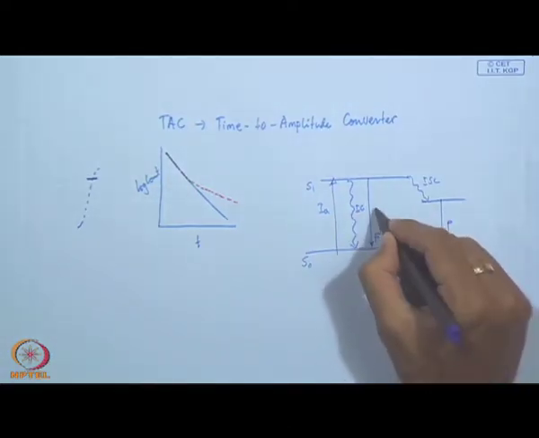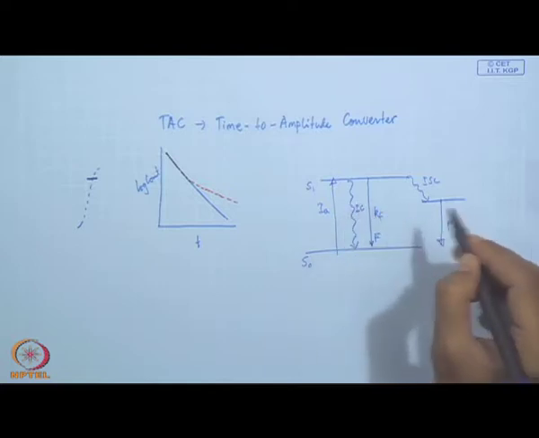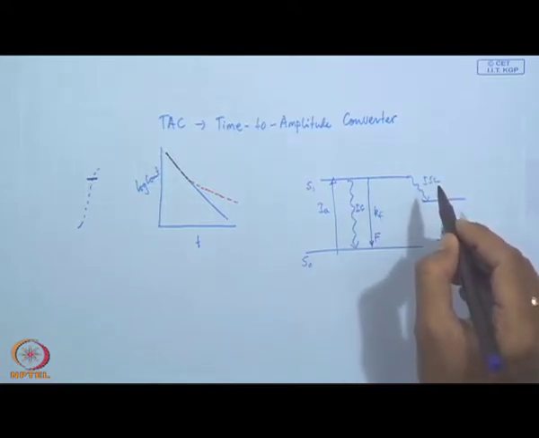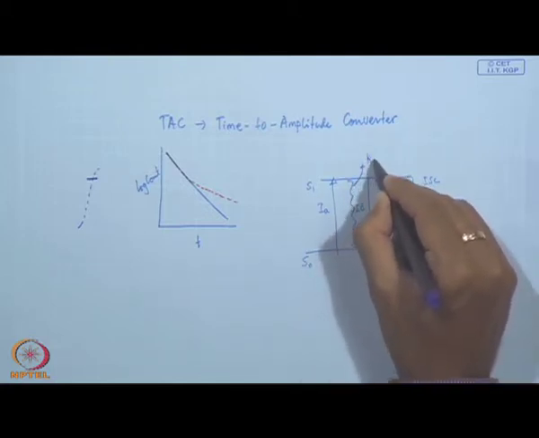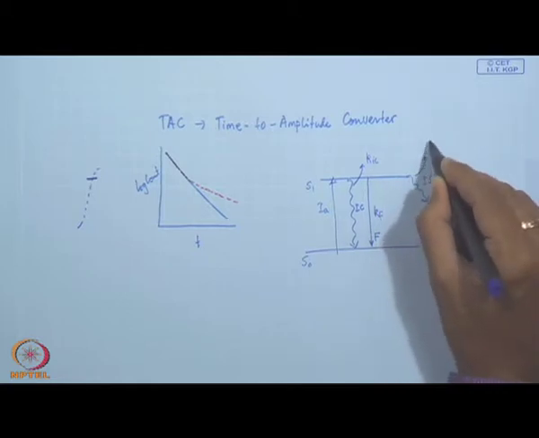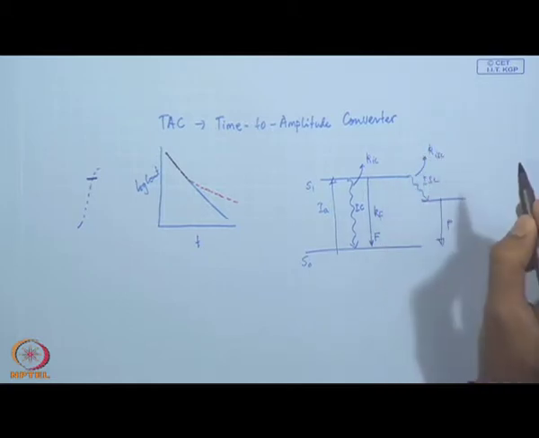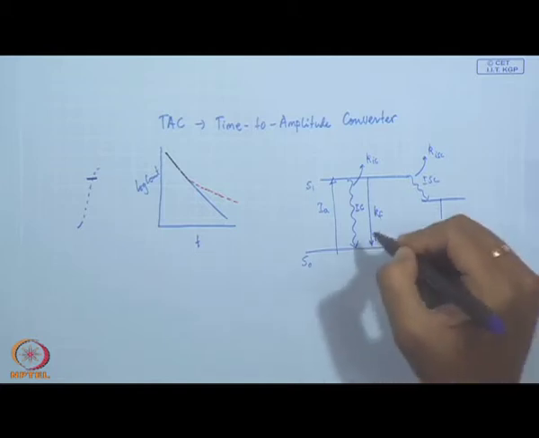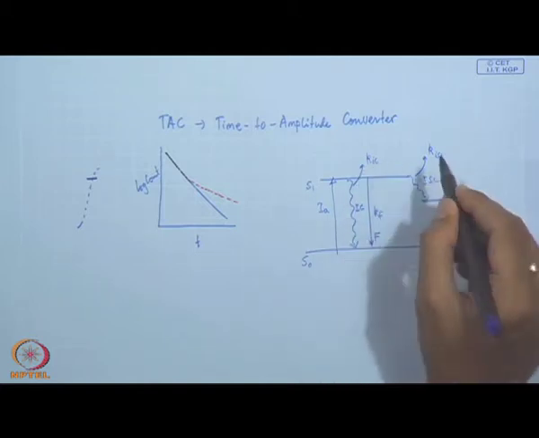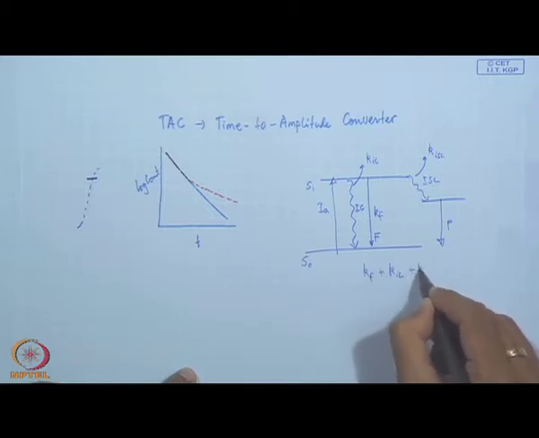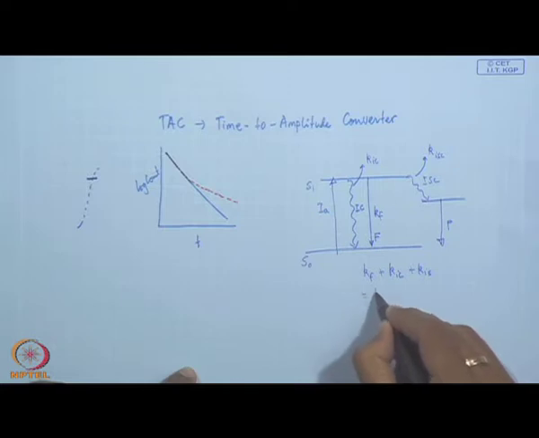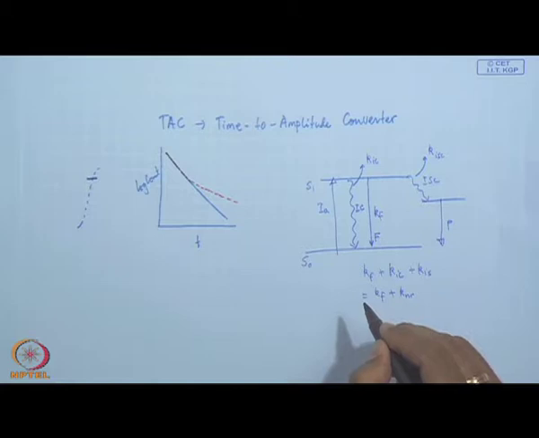So this is Kf, and this is KIC, and this is KISC. The overall rate is Kf plus KIC plus KISC, and together these two are called Kf plus Knr, that is non-radiative.